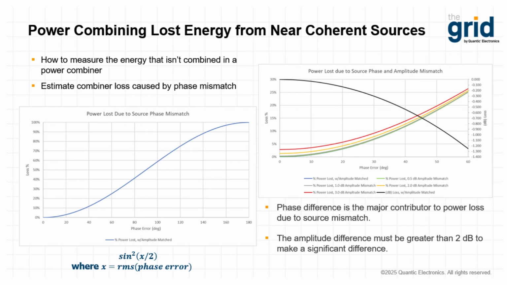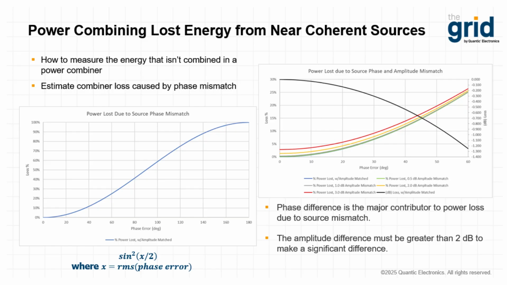So how do we estimate power losses from near-coherent signals? A good approximation, as you can see on the graph on the left, is that we lose a significant amount of power when the phase differential gets significant. That graph has phase error on the x-axis and percent power loss on the y-axis.